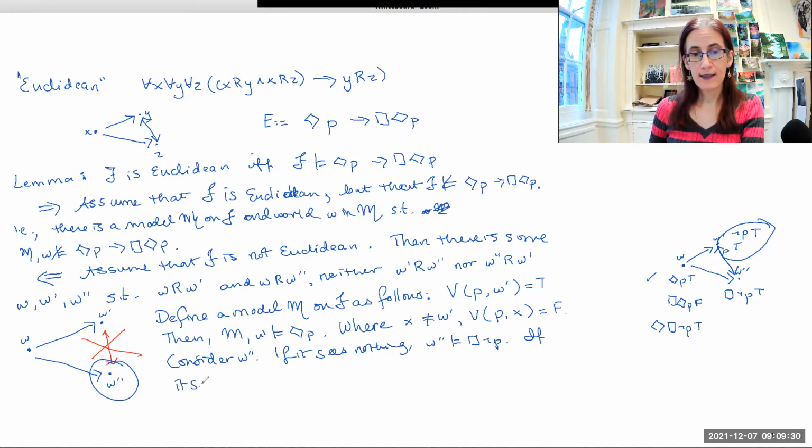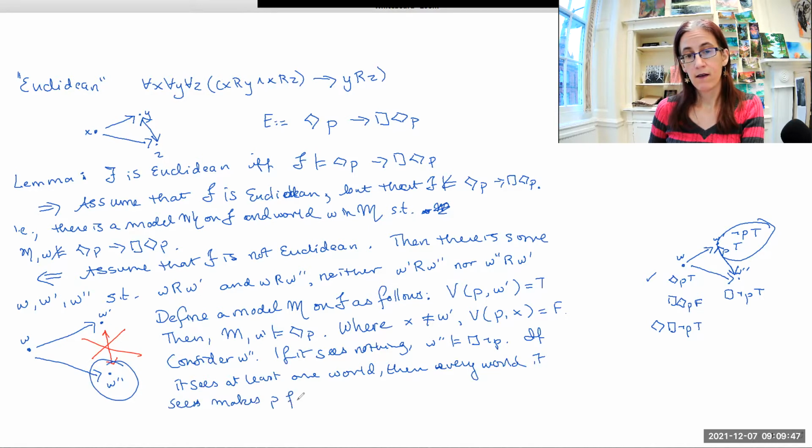If it sees at least one world, so if it's not a dead end, then every world it sees makes P false. And this is because the only world where P is true is W prime, and it can't see it.